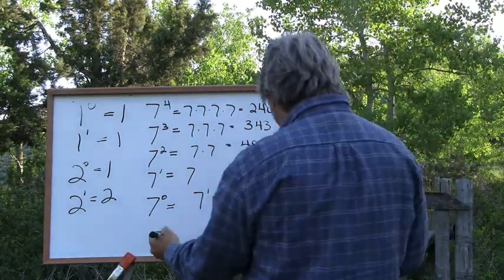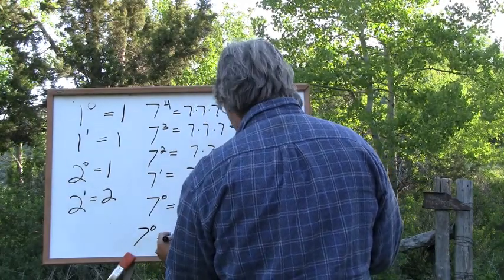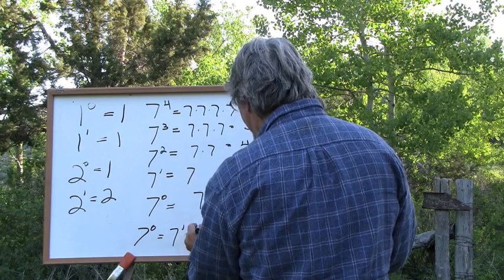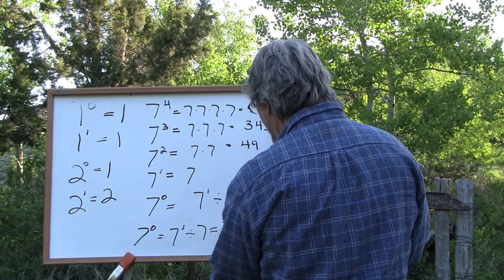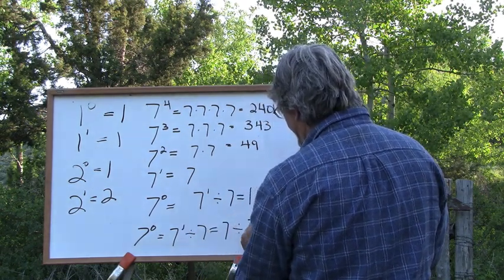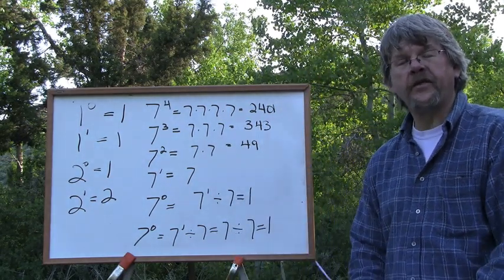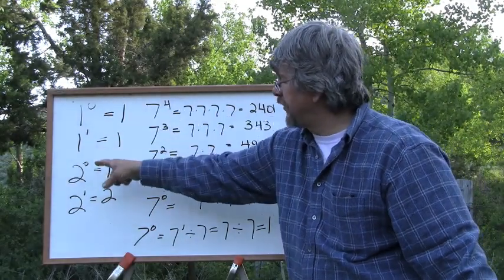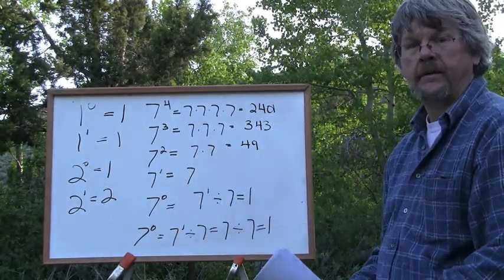And when we see this, we go 7 to the 0, I wrote this down so I would get this right, is 7 to the 1st divided by 7, which equals 7, because 7 to the 1st is just 7, 7 divided by 7, which just equals 1. And this is the mathematical rationale for any number to the 0 power being just 1.